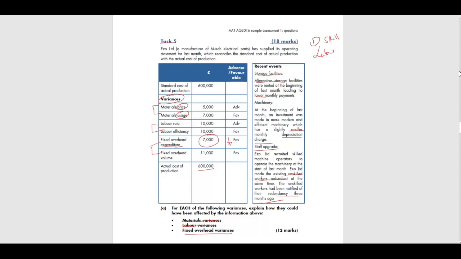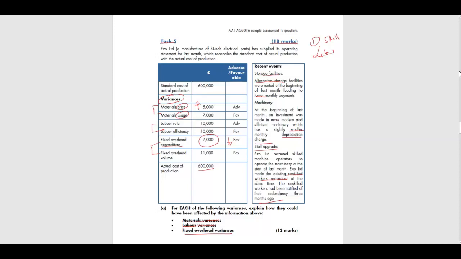The possible reason is that when we have a better quality of material, of course the price will go up. For example, we used to use a lower quality material and the price was less. That maybe brought the material price variance favorable.